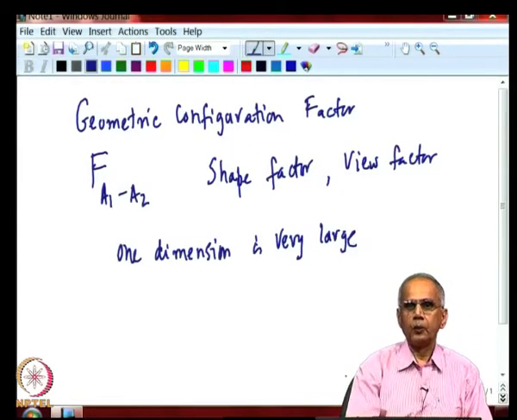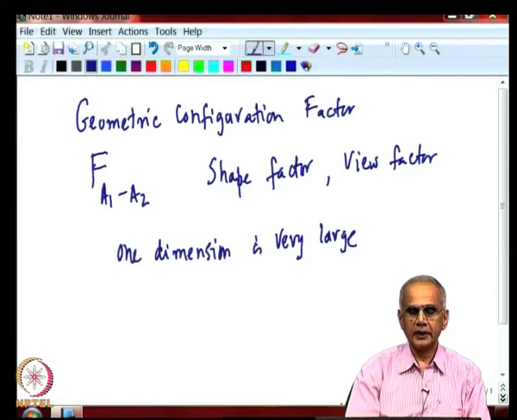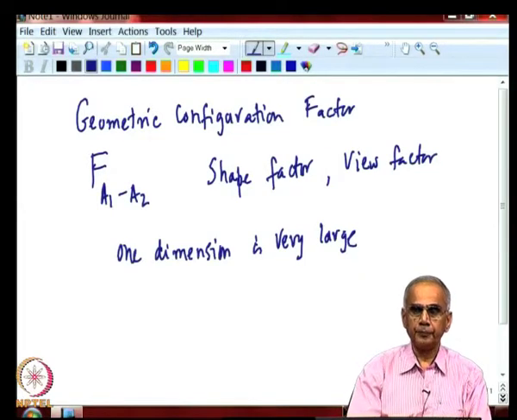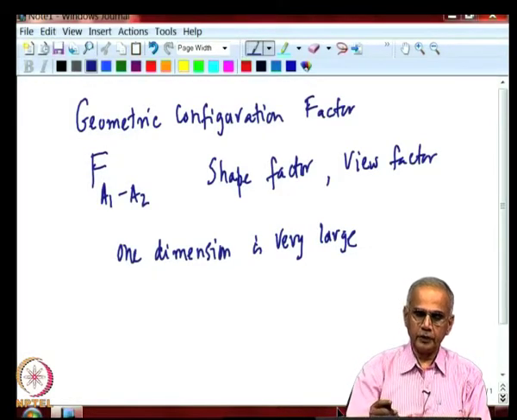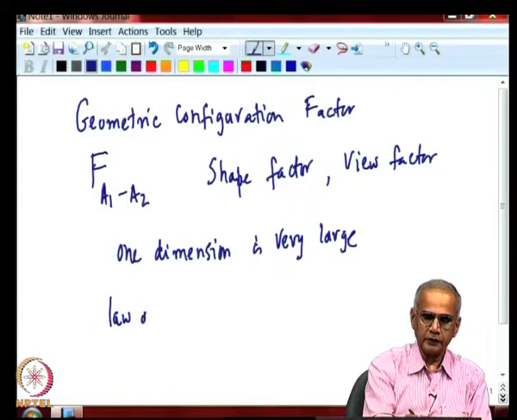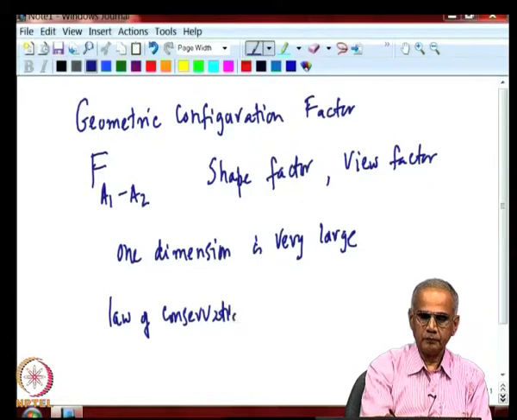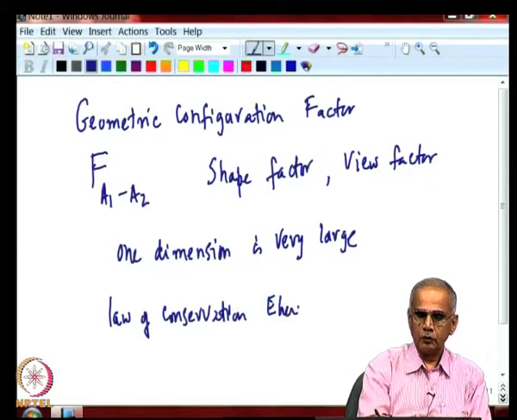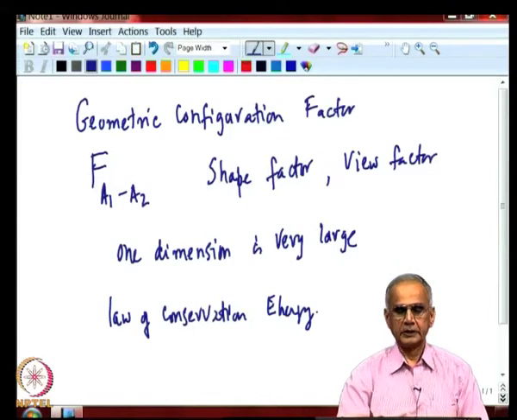So, when one dimension is very large, the problem is essentially two dimensional, but in radiation, even in a two dimensional problem, you have to integrate over the third dimension. But if the third dimension is very large, you can appeal to the law of conservation of energy to simplify the problem to some extent.